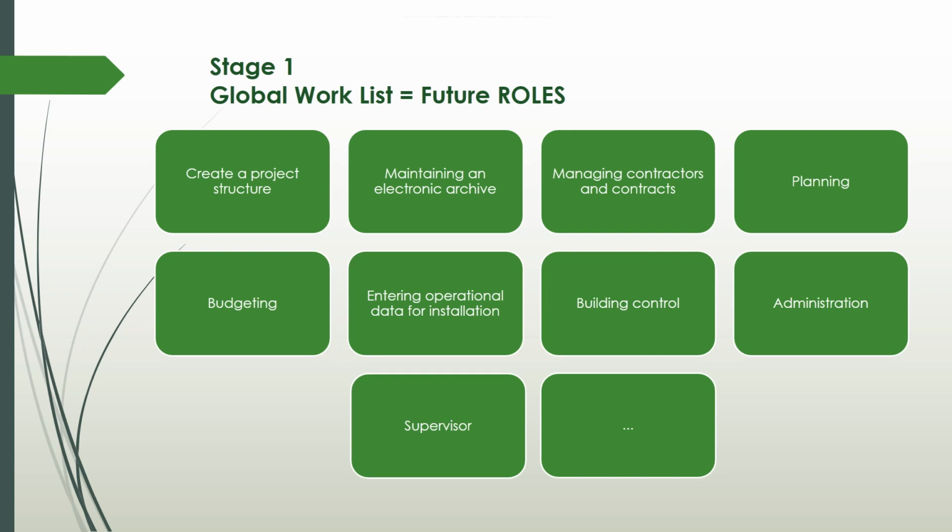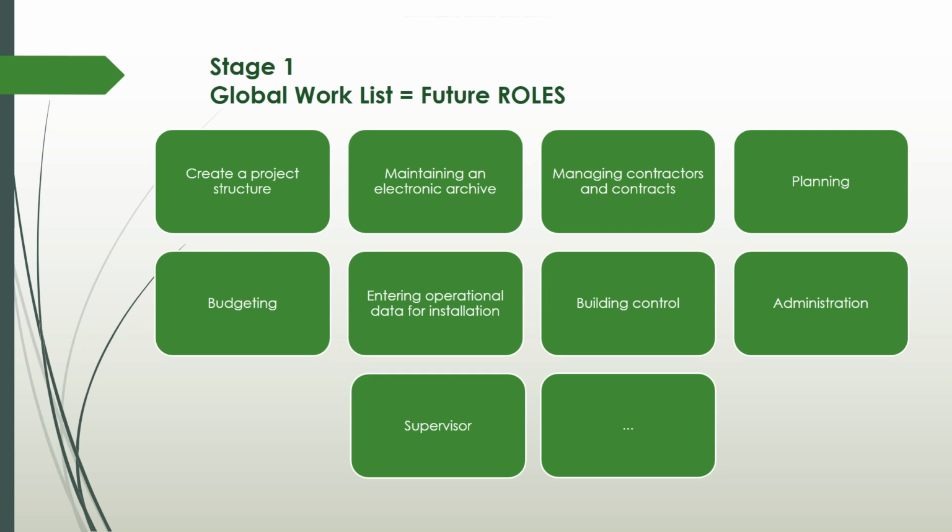We load the rates into the system, associate them with the task, and then work with them. It is a separate type of work that employees perform. The same goes for entering operational data for installation, budgeting, control, and administration.